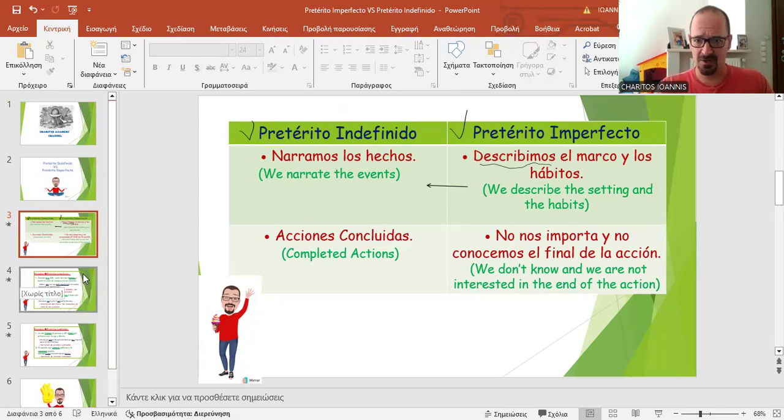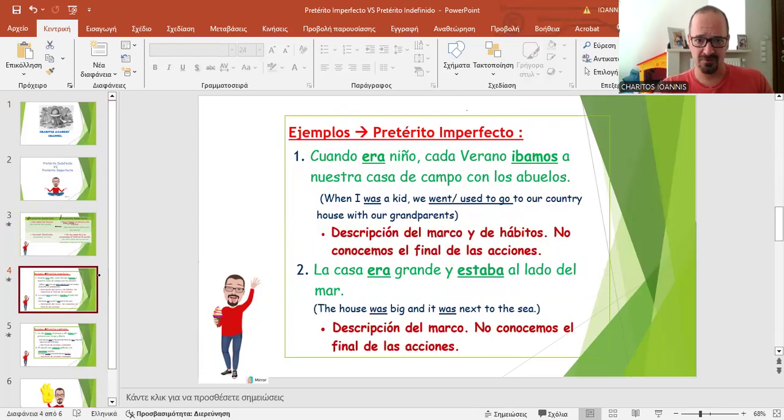Some examples are always much more helpful. So some examples on el pretérito imperfecto, which means descripción del marco y de hábitos. Cuando era niño, cada verano íbamos a nuestra casa de campo con los abuelos. When I was a kid, we used to go to our country house with our grandparents.